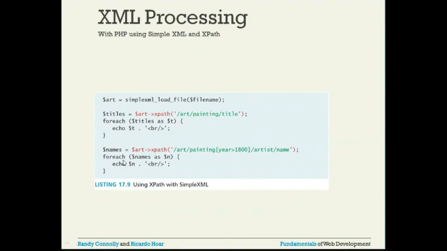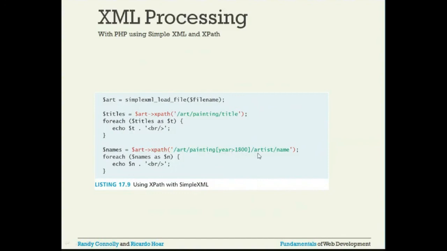Similarly, for names, $names, you have this PHP object of the XML, $art->xpath, and you are searching for root art, inside that painting, and the condition here is year greater than 1800.